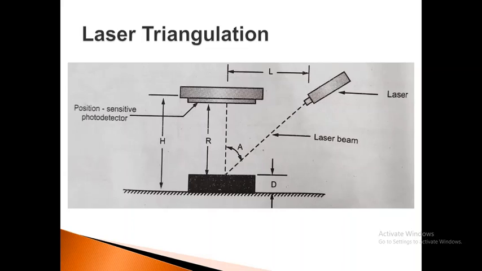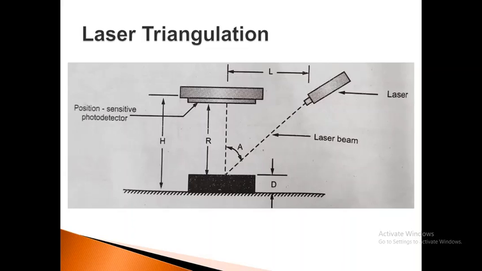Here we have seen two systems. First one is the laser scanning system, second one is laser triangulation, and third one is the automatic inspection system. In this, automatic inspection is achieved, integrated into the manufacturing processes.